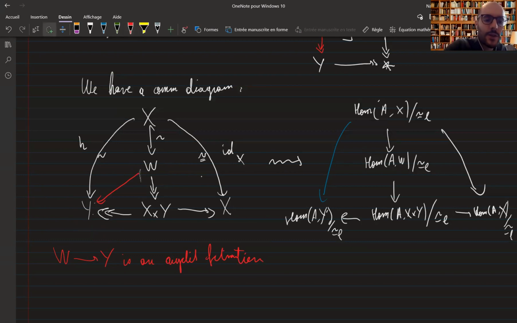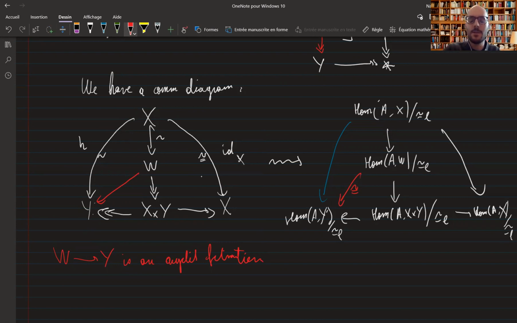Why is it a fibration? It's the composite of two fibrations. Why is it acyclic? You have a triangle here, and two sides are weak equivalences. Therefore, the third one is a weak equivalence. Therefore, this map is a bijection using what we just saw.